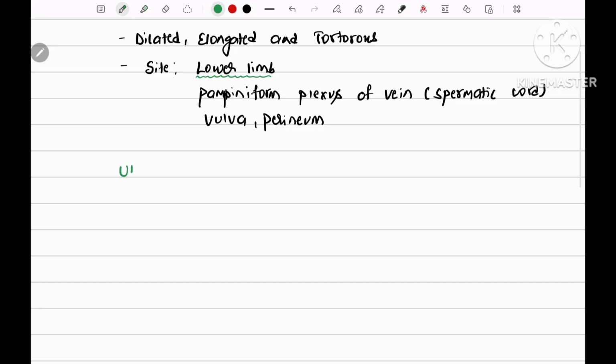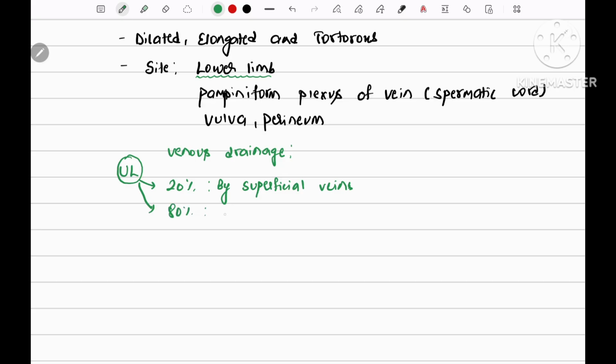In the upper limb, the venous drainage is only 20% by superficial veins, but 80% is by deep veins.